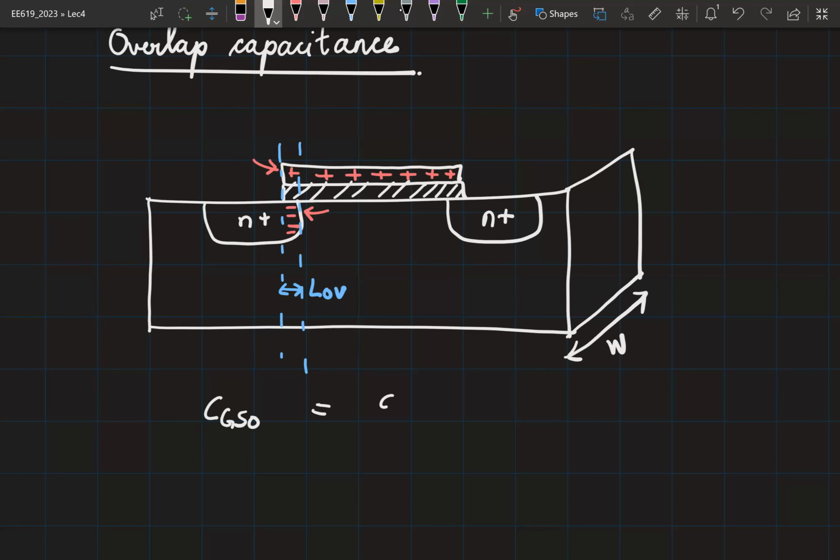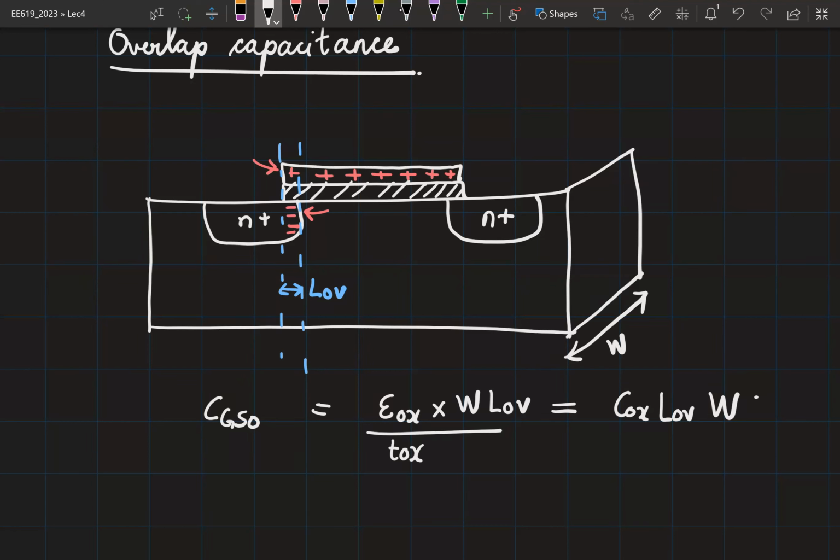So this is equal to epsilon OX into LOV divided by TOX. So this is equal to COX into LOV into W, right? So this is basically the overlap capacitance associated with the gate and the source. So CGSO, gate to source overlap capacitance.